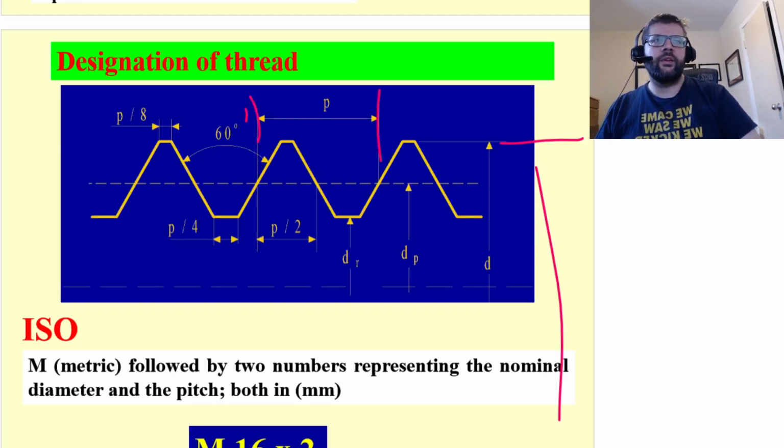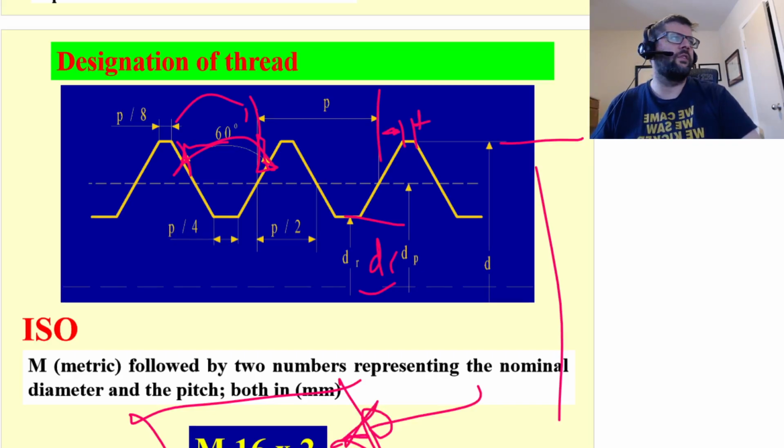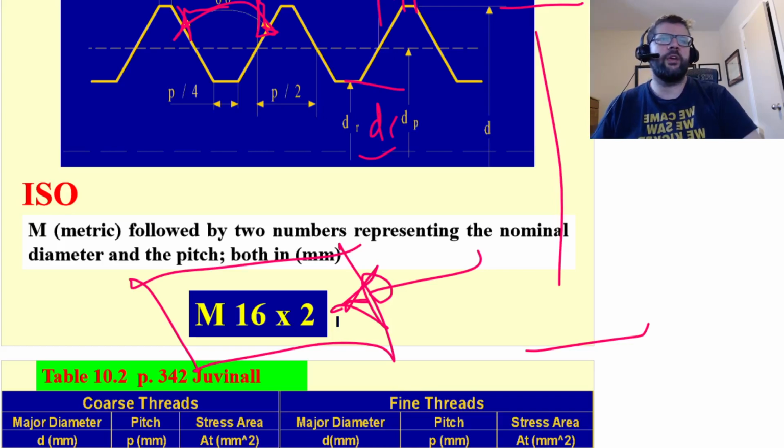And then all these other values, like the pitch angle, the root diameter, the pitch diameter, and the size of that there, will be specified as functions of those two, the nominal diameter and the pitch.